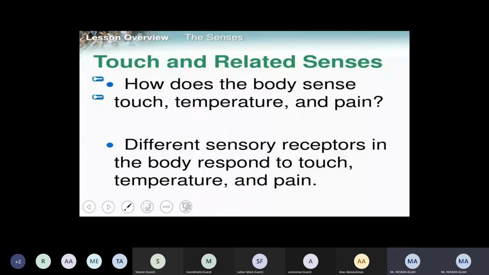Touch and related senses. How does the body sense touch, temperature, and pain? In which way is the body going to sense touch, temperature, and pain?